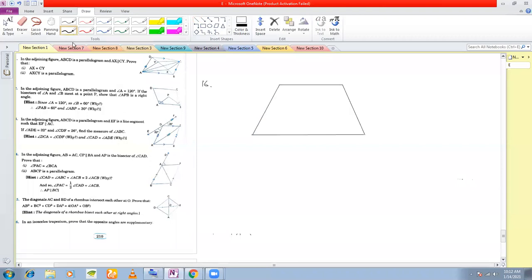Say these two are your parallel sides, and the other two sides, the non-parallel sides, have to be equal. Such a trapezium is called an isosceles trapezium.